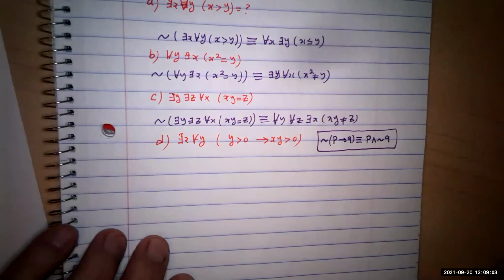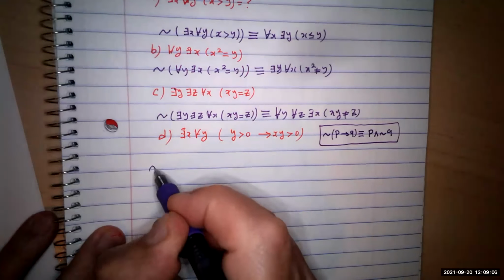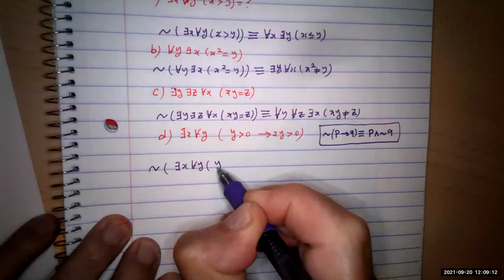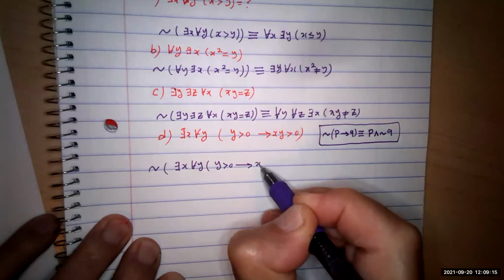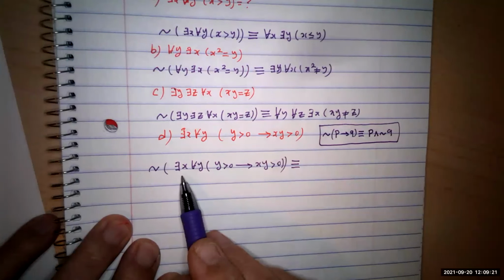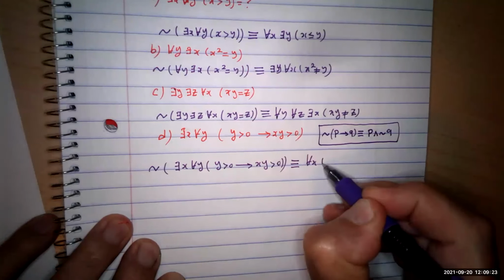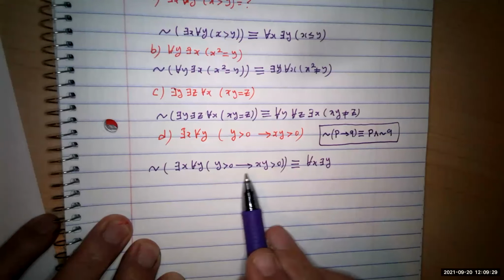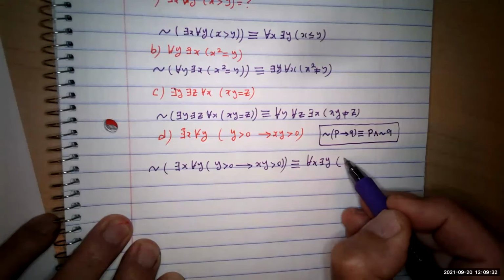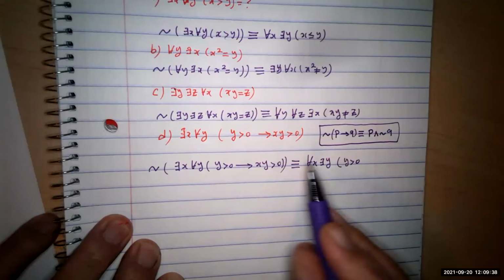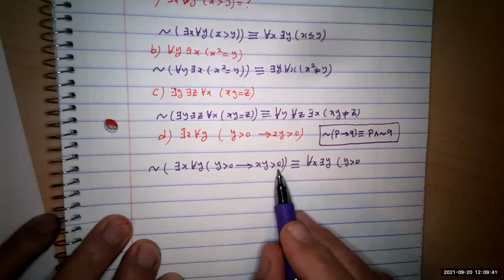So the rest are just usual. I repeat it again. I want to find the negation of there exists an x such that for all y, if y is positive, then x times y would be positive. So this would be equivalent to changing the quantifiers: for all x, there exists a y. Now there you are, P and not Q. So there is a y such that y is bigger than 0, but the negation of x times y greater than 0 means x times y is less than or equal to 0.